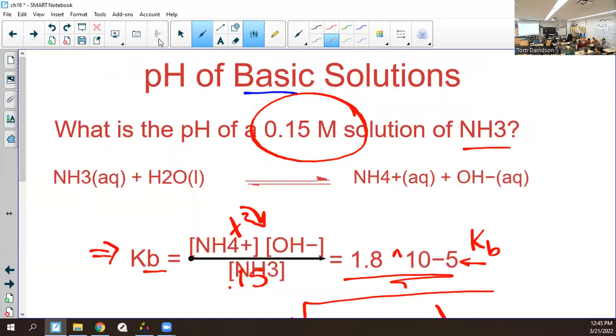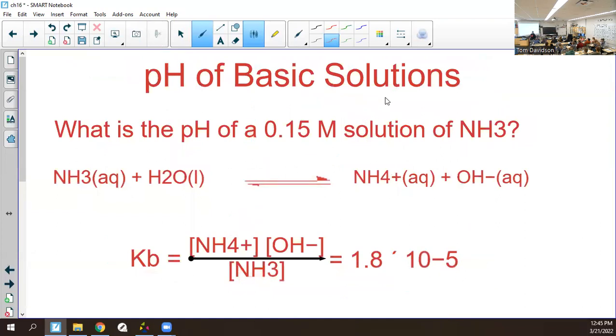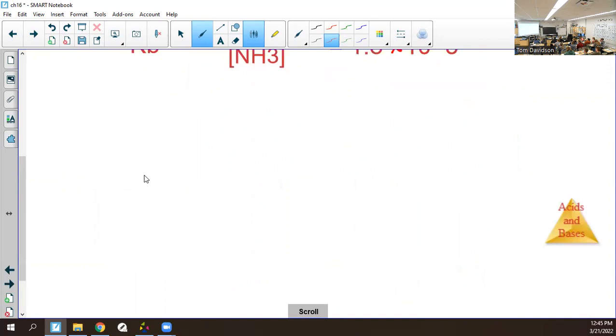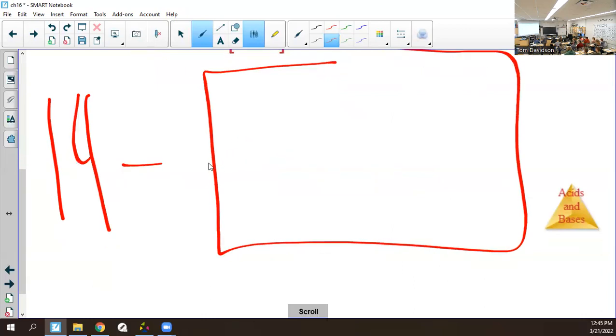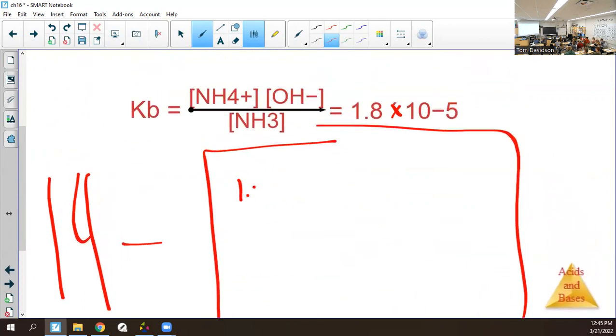All right. It says, what is the pH of a 0.15 solution of NH3? It tells you the Kb is 1.8 times 10 to the negative 5. So we can do this. I have 14 minus all this math, right?